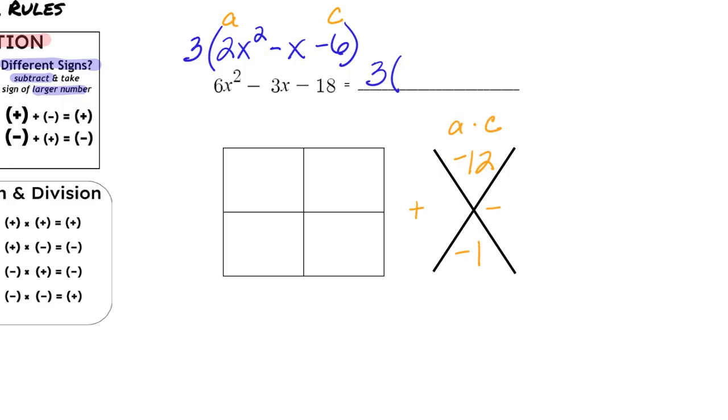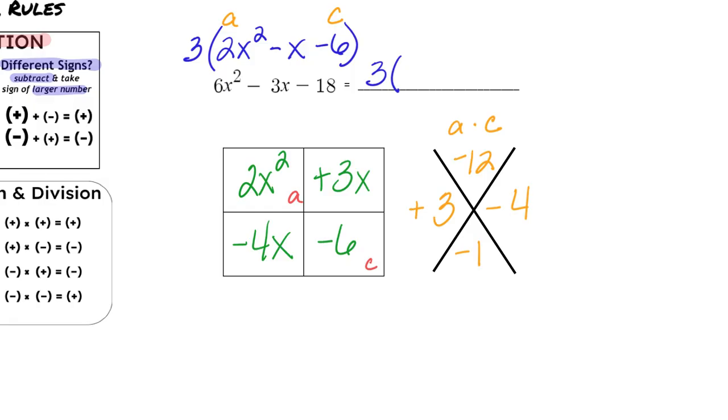This means that the two factors would have to be 3 and 4. 3 is positive, 4 is negative. And now I can use that to help me through this. So again, a goes here, c goes here. So I would put 2x squared here, minus 6 here. And then I'm going to put plus 3x here and minus 4x here. Again, it doesn't matter which one goes where. It's still going to work out for us.